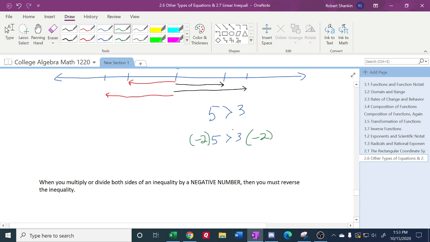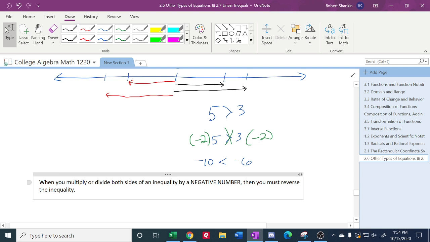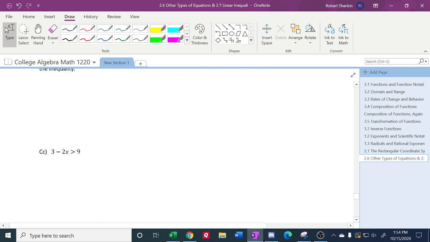Since I'm multiplying both sides by a negative number, I cross this out so that the next time I write it, I put it in the correct direction. It's pointing to the right, now I point it to the left, and then I'd be correct. So that's the procedure we're going to use when we implement this. Alright, so go ahead and do C.